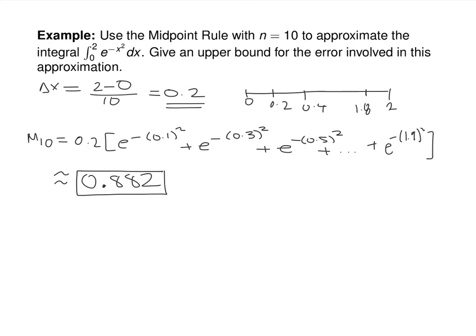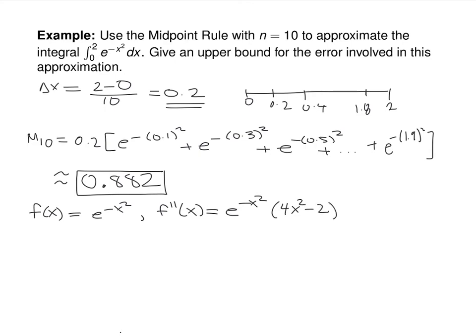Now, I don't want you to spend all your time finding first and second derivatives, so given that f of x is equal to e to the negative x squared, I'm just going to tell you that the second derivative is e to the negative x squared times 4x squared minus 2.